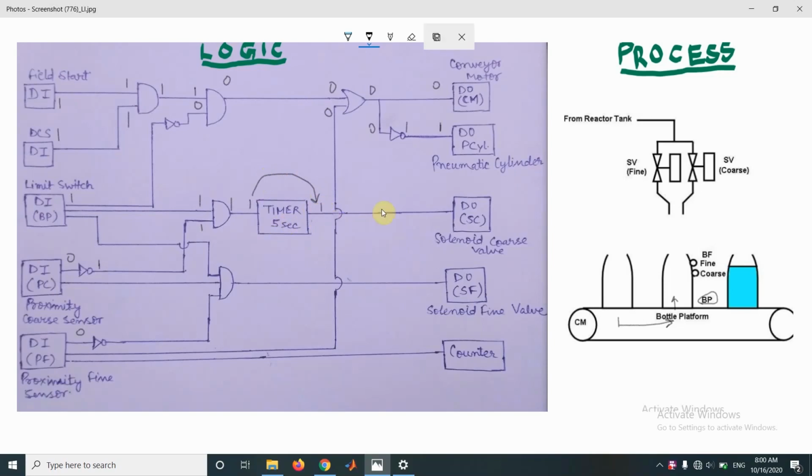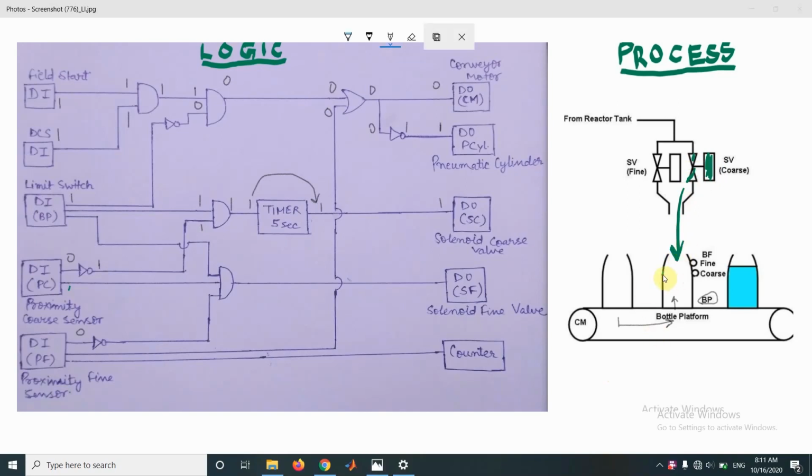Now the timer would output 1, and this solenoid coarse valve would start filling the bottle. So this is the solenoid coarse valve. This would start filling the bottle.